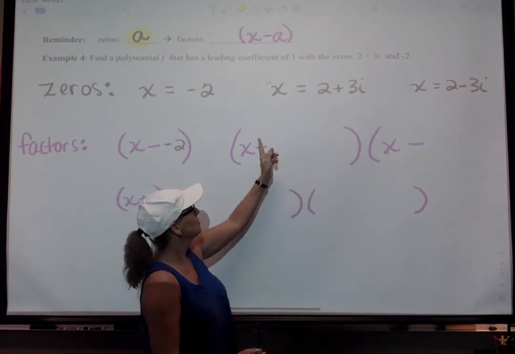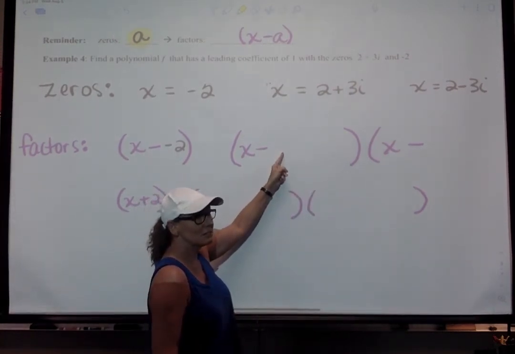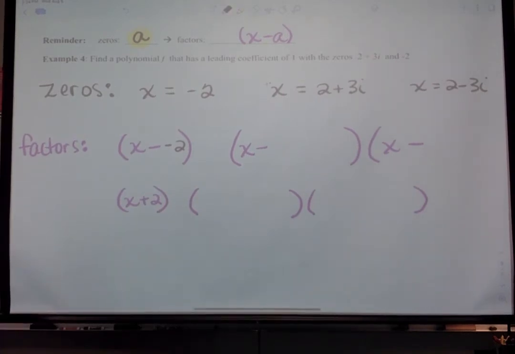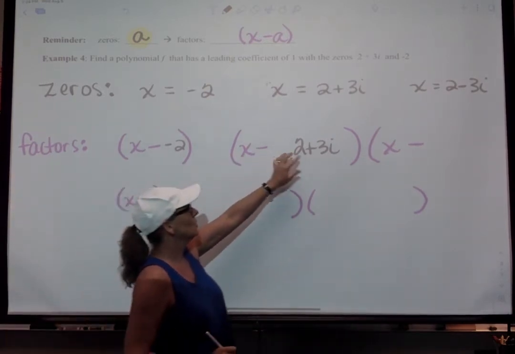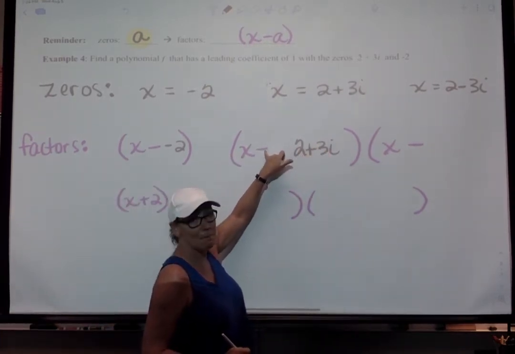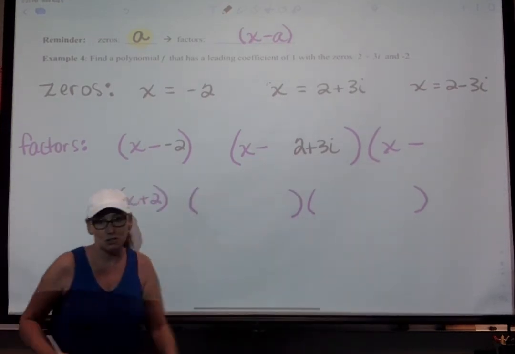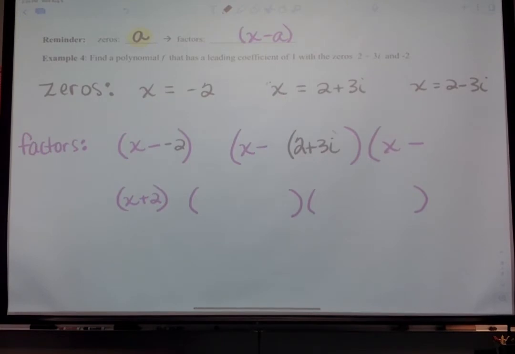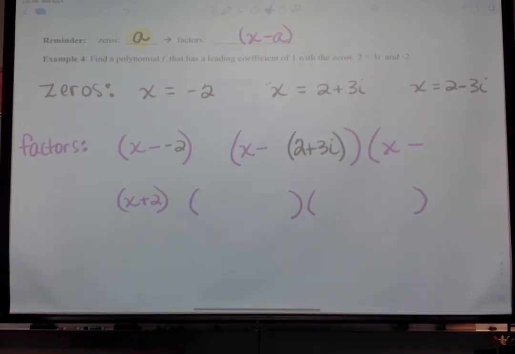And what am I going to put right after the minus sign? The 0. But wait, my 0 is a binomial behind a minus sign, which means you need to put your binomial in parentheses.